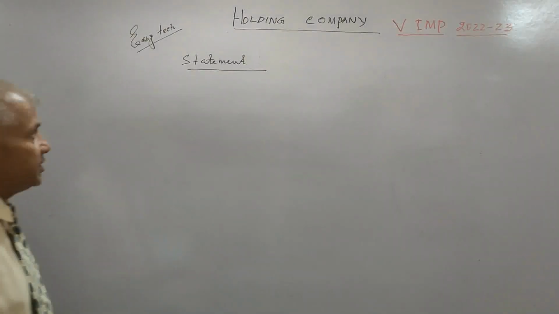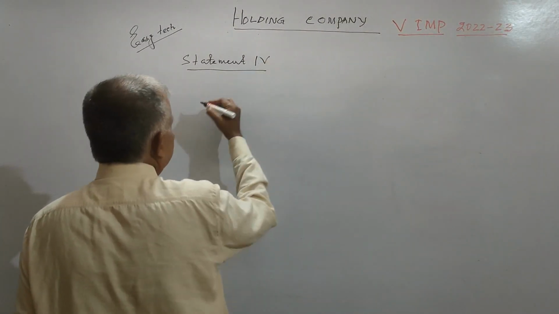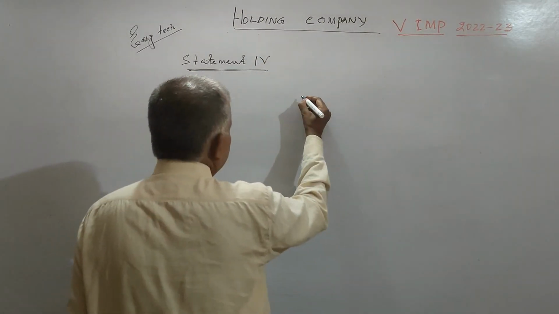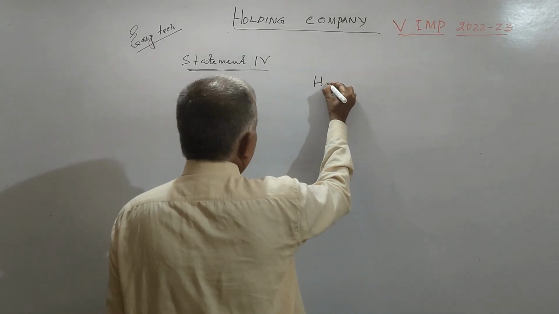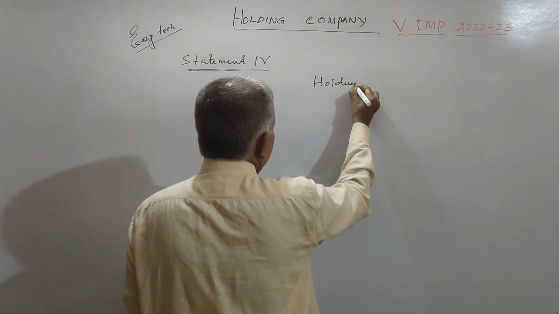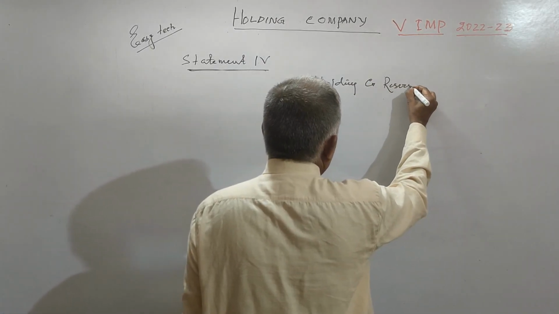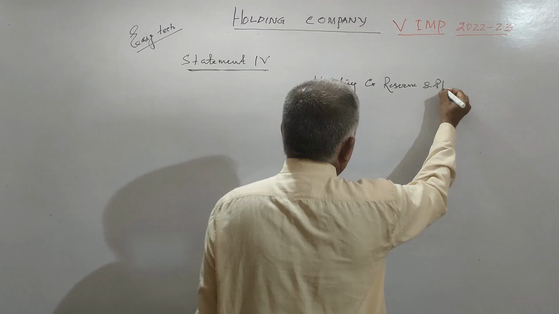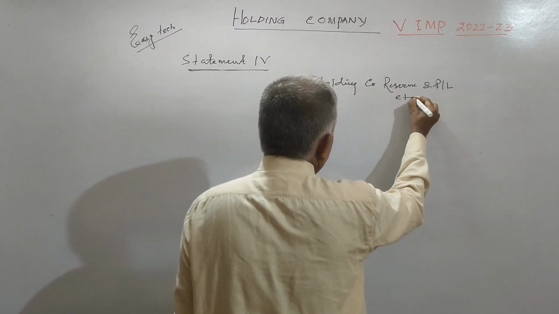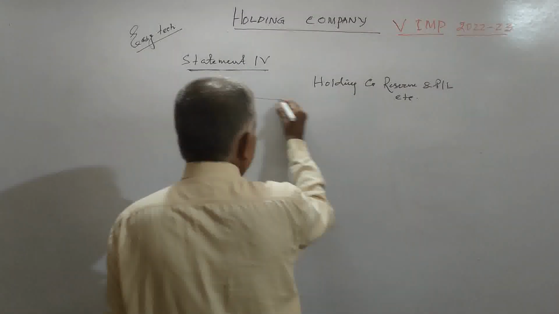This is the last statement, statement 4, that is your holding company reserve and PL etc. Right?